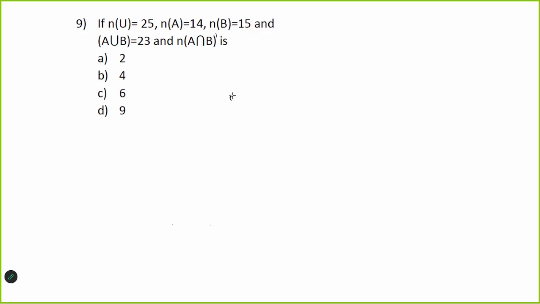Would be 25 is equal to 14 plus 15. You said the union is 23.